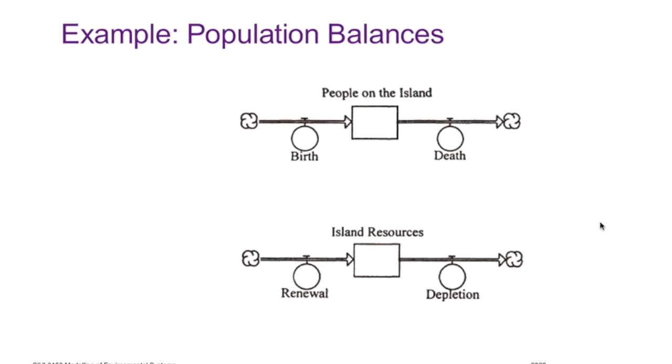These island resources can be, for instance, food, or something that is needed for the survival of the people, right? These island resources have two flows. One is the renewal inflow, and the other one is the depletion outflow.